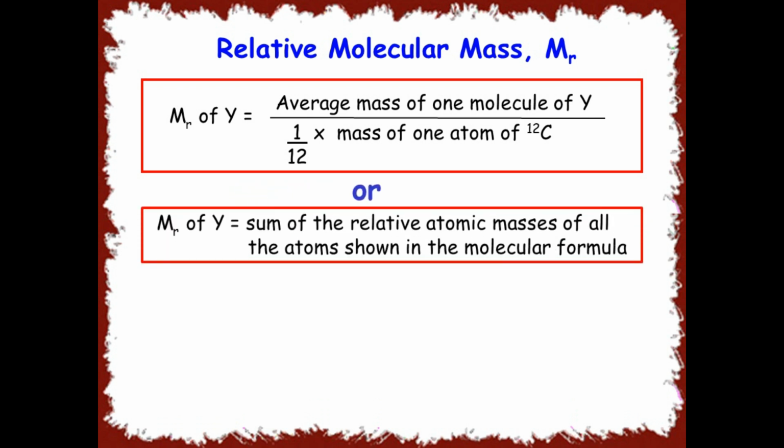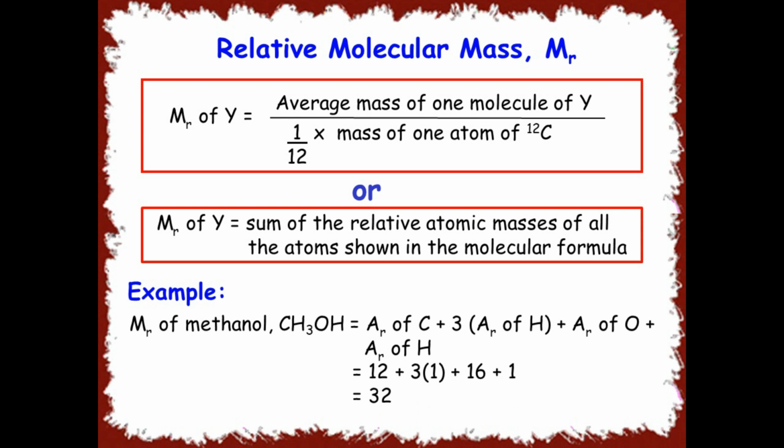Or, relative molecular mass of Y is the sum of the relative atomic masses of all the atoms shown in the molecular formula. As an example, the relative molecular mass of methanol with molecular formula CH3OH is equal to relative atomic mass of carbon plus 3 multiplied with relative atomic mass of hydrogen plus relative atomic mass of oxygen plus relative atomic mass of hydrogen.